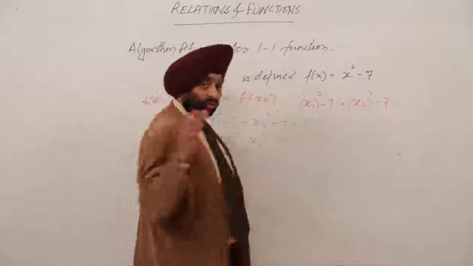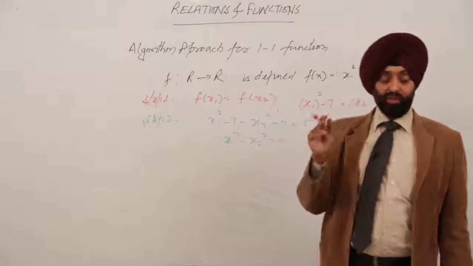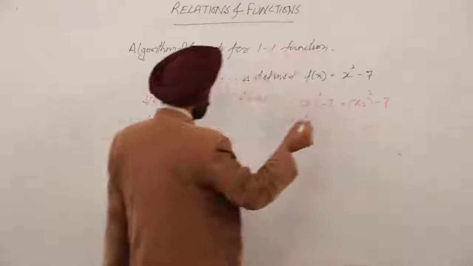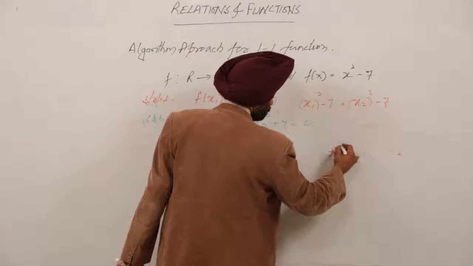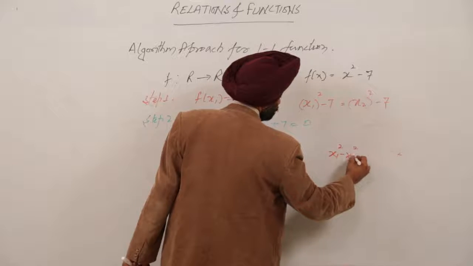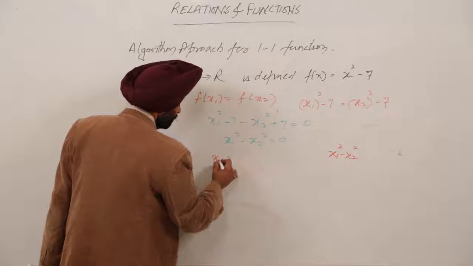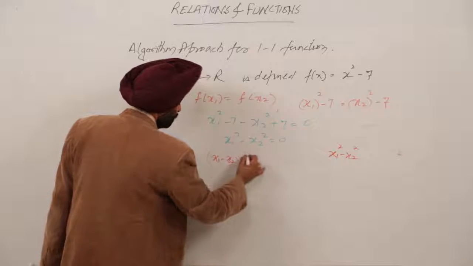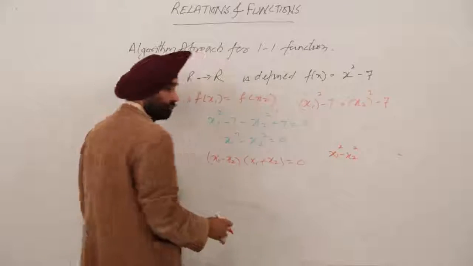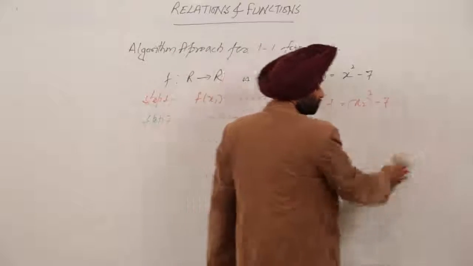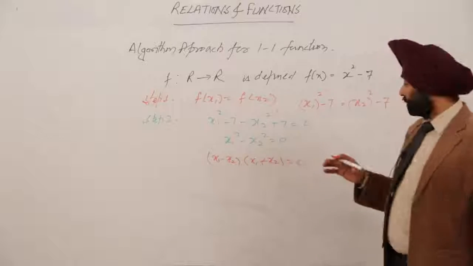Now who is going to tell me the identity for a square minus b square? Yes, good. So x1 square minus x2 square gives us (x1 minus x2)(x1 plus x2) is equal to 0. The identity for a square minus b square is (a minus b)(a plus b).